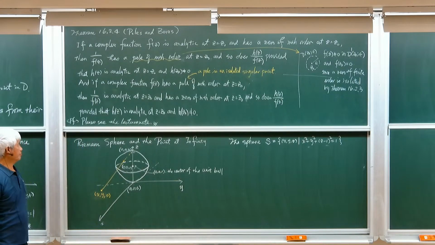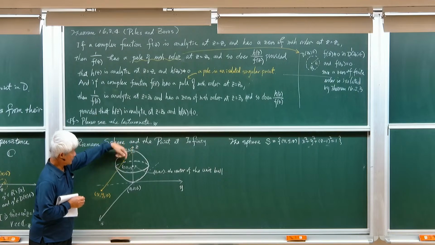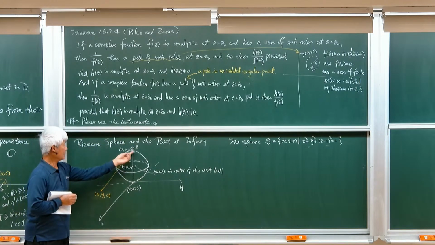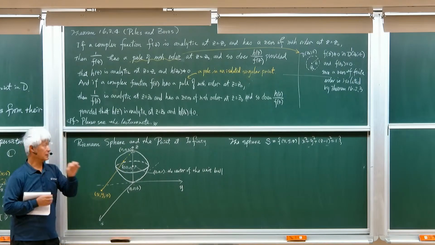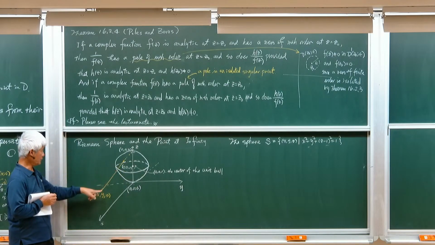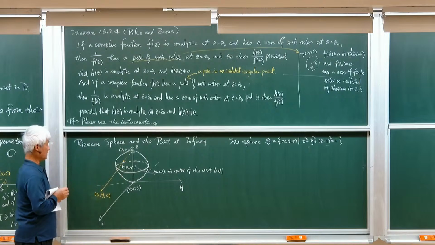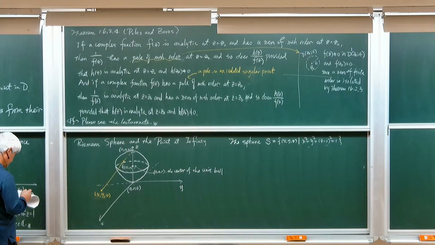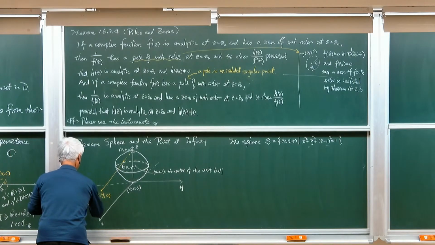The light ray will go inside the ball and then penetrate a point on the sphere. This is the point. And the light will touch the xy plane. So this is the point here.